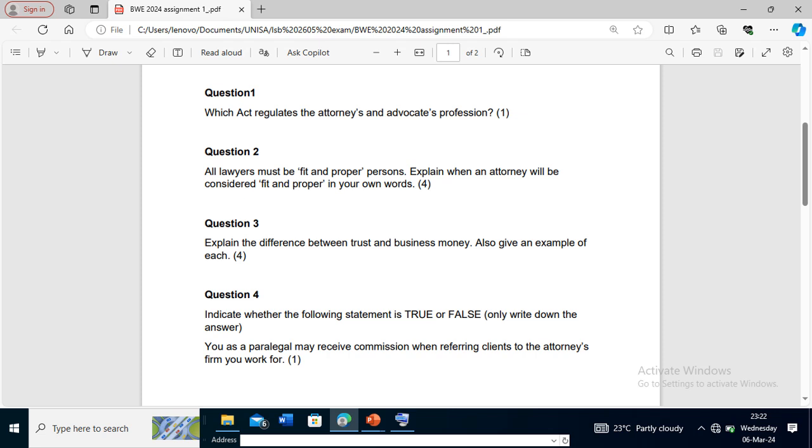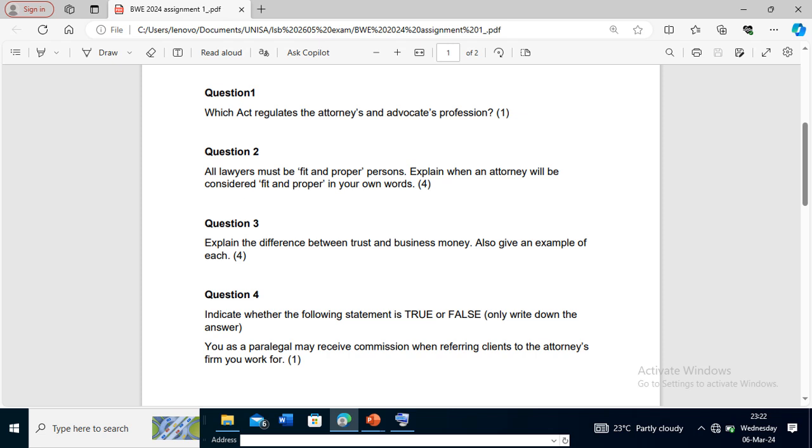There's no way that a paralegal could get commission from an attorney, because if you are running a law firm, there's money for attorneys, there's money for advocates, there's money for paralegals, and that's it.